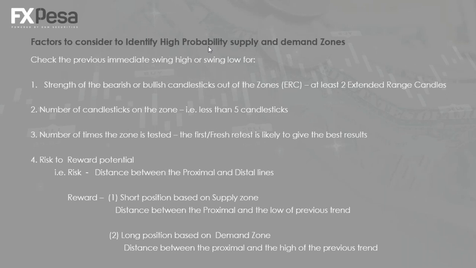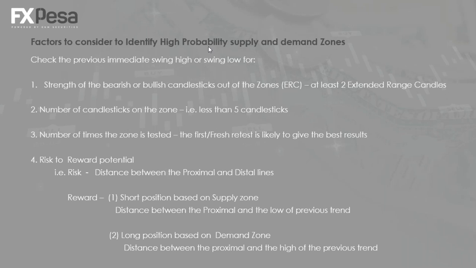You'll check backwards and look at the trend which has been formed before getting into such a zone. And you'd measure the distance between the proximal line and the lowest level if you're dealing with a case where we were on an uptrend. But in a case where we were on a downtrend, you'd base your take profit on the highest point and where the proximal line is.